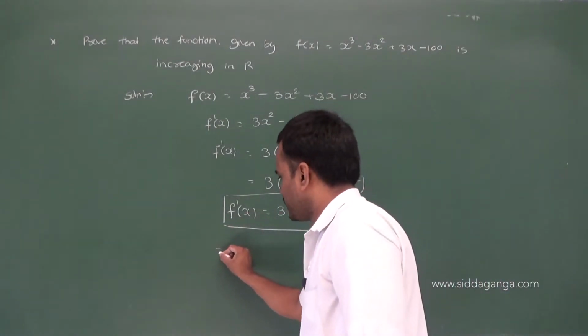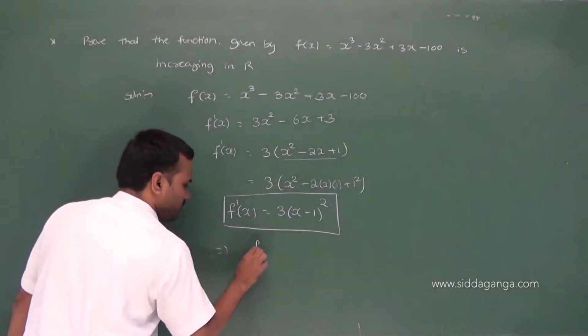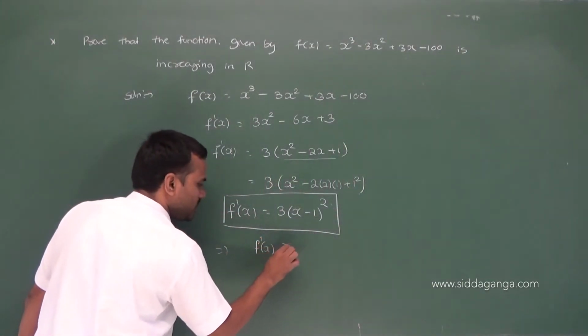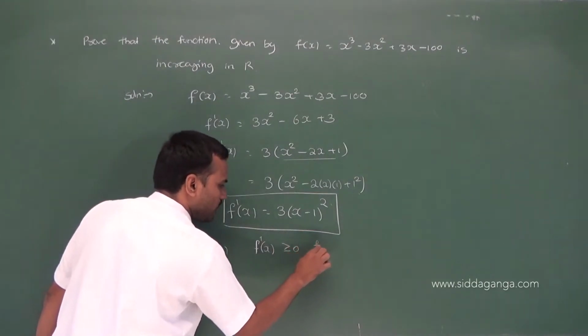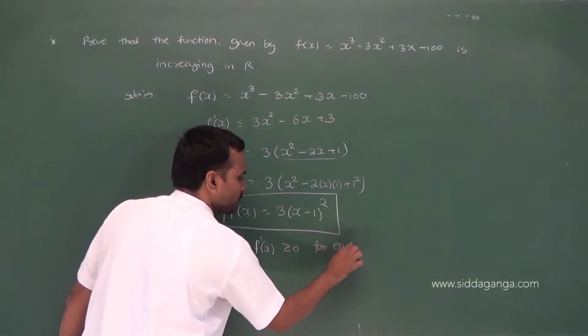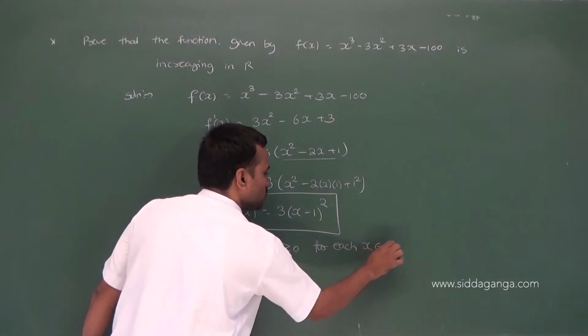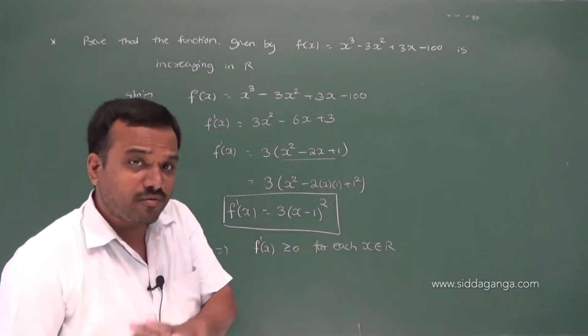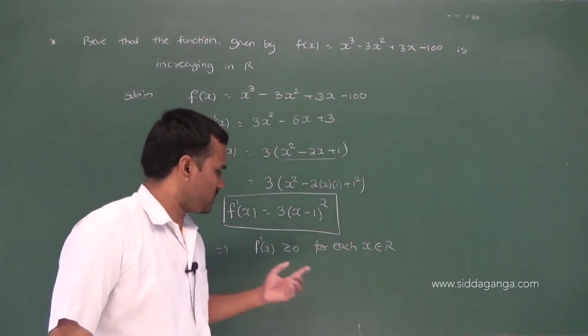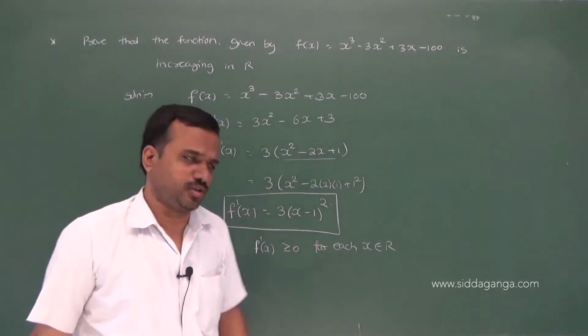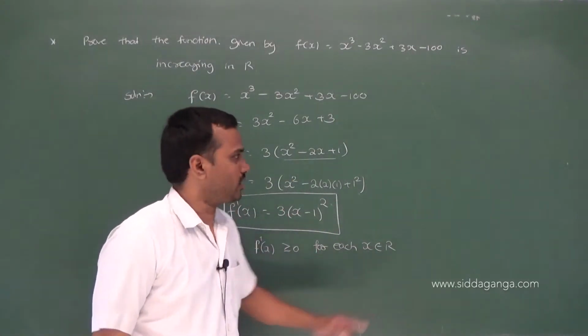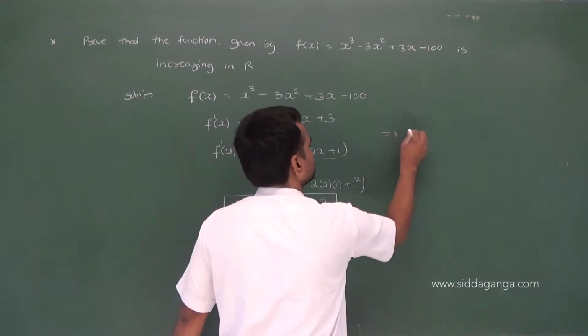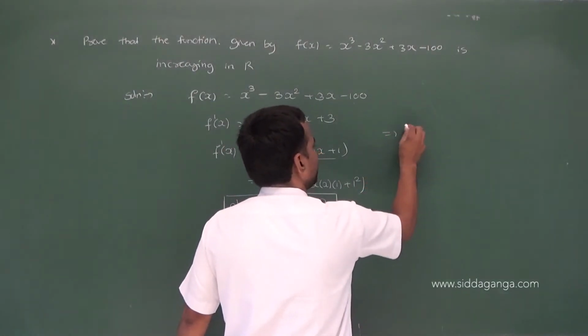That implies f dash of x is greater than or equal to 0 for each x belongs to R. It is never negative. It is either equal to 0 or greater than 0 for each x belongs to R. Then what is the conclusion?